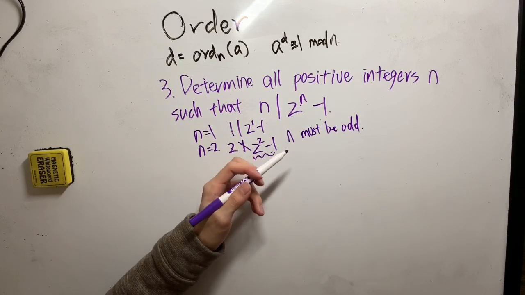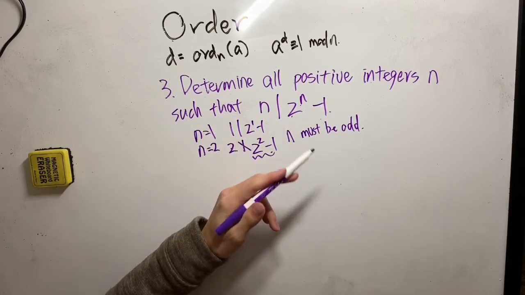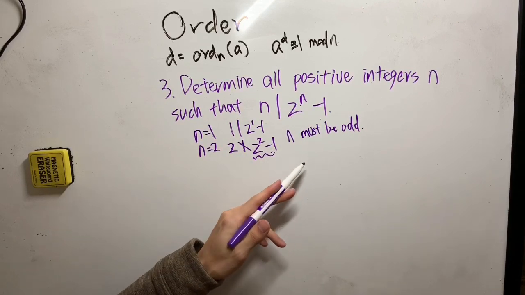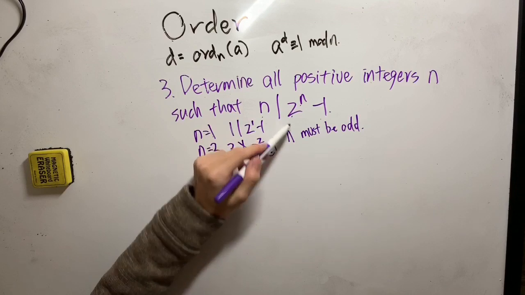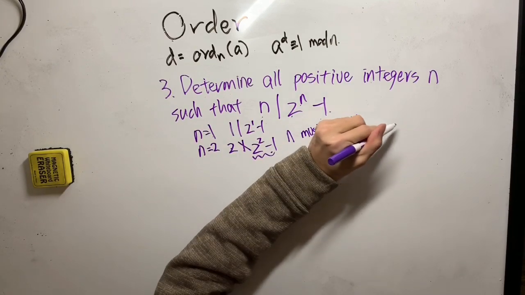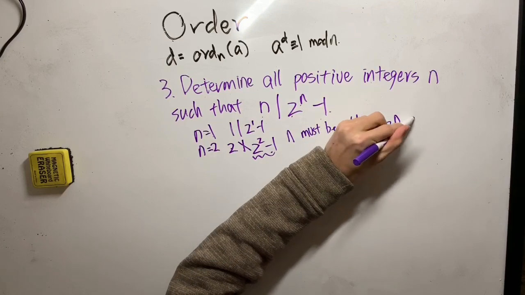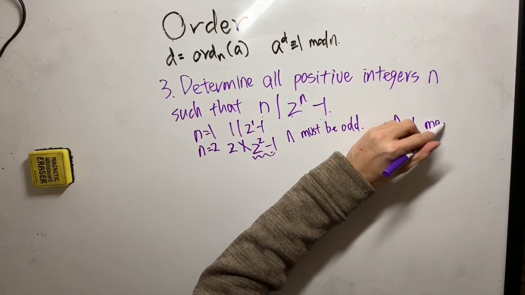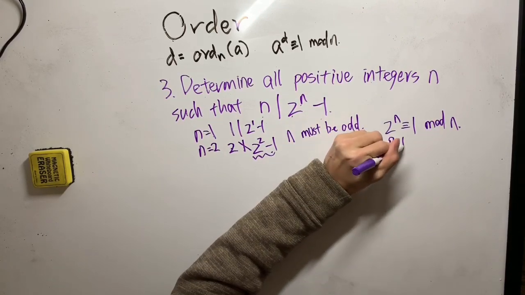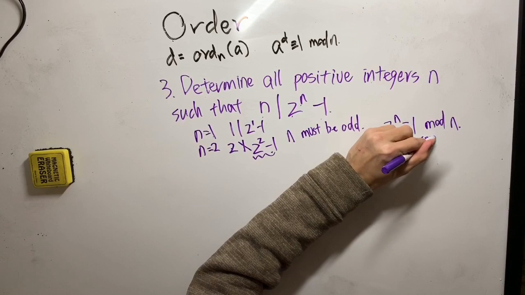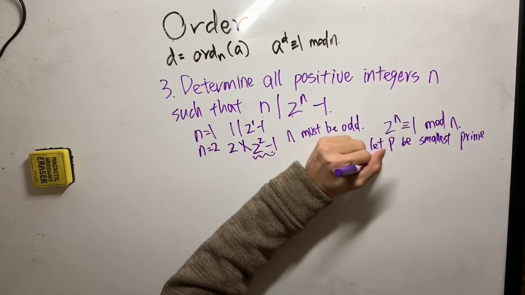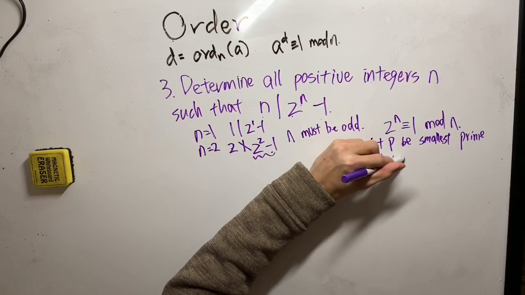Now let's try to use the order to solve this question. See if any n bigger than 1 and odd meets these requirements. So first, we have 2 to the n is congruent to 1 mod n. Let p be the smallest prime divisor of n.